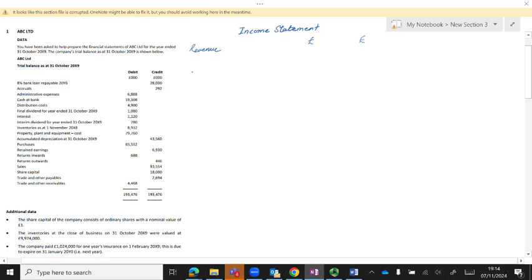Revenue, I'm going to leave some space and then I'm going to write less cost of sales. In cost of sales, I have opening inventory, I have purchases, and then I'll leave some space and write less closing inventory.